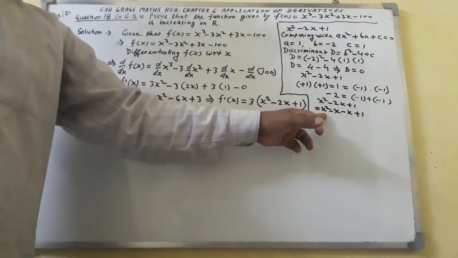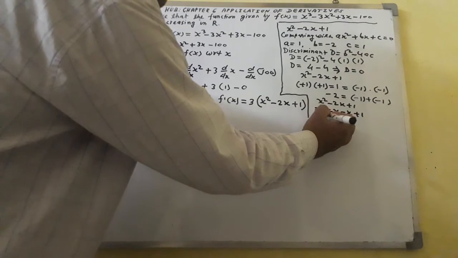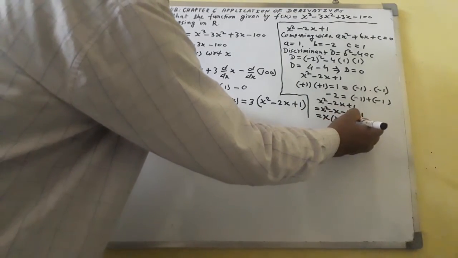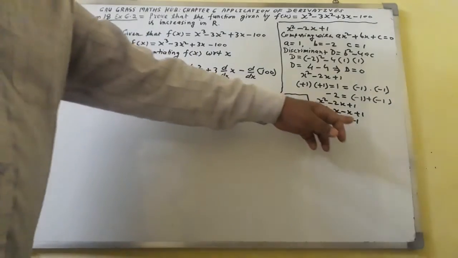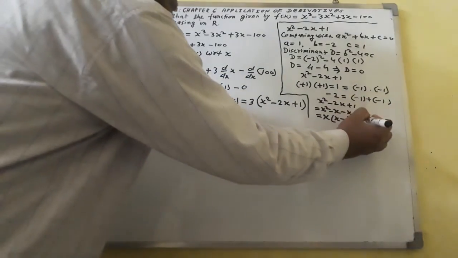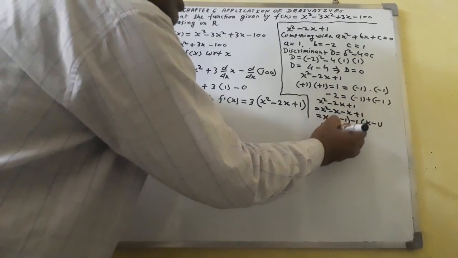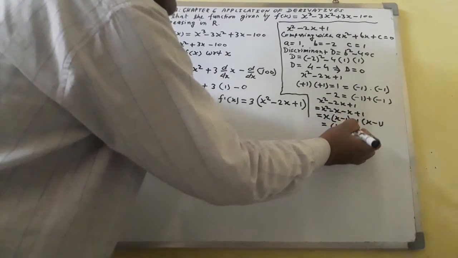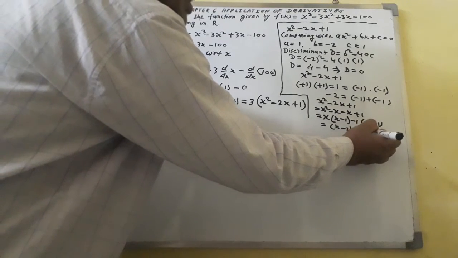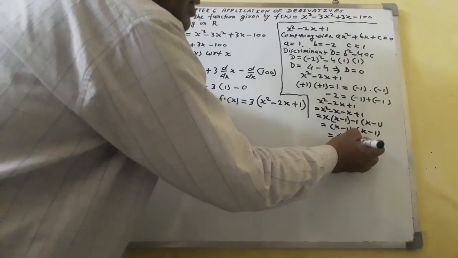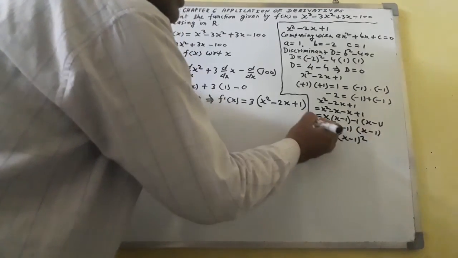So take here x as a common. We'll get here x minus 1. Here again I shall take minus 1 as a common. So we'll get here x minus 1. We shall get x minus 1 in one bracket, in another bracket we shall get x minus 1, which comes out to be x minus 1 whole square.